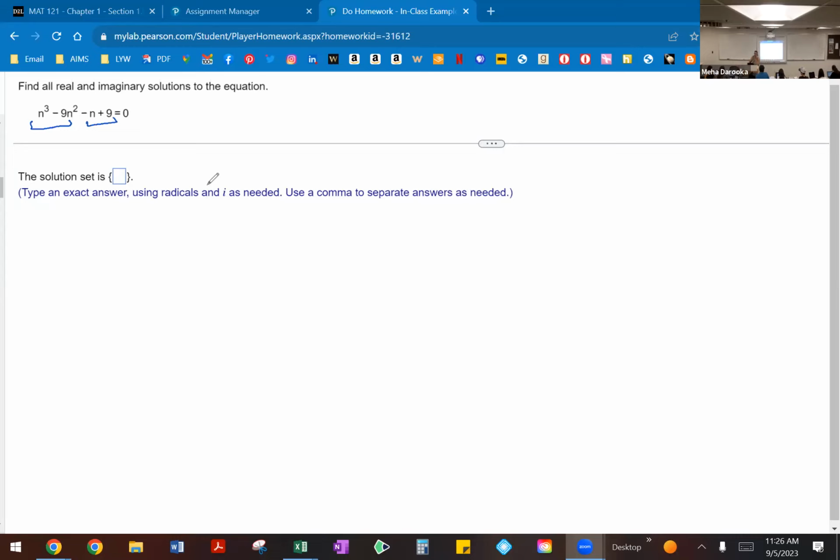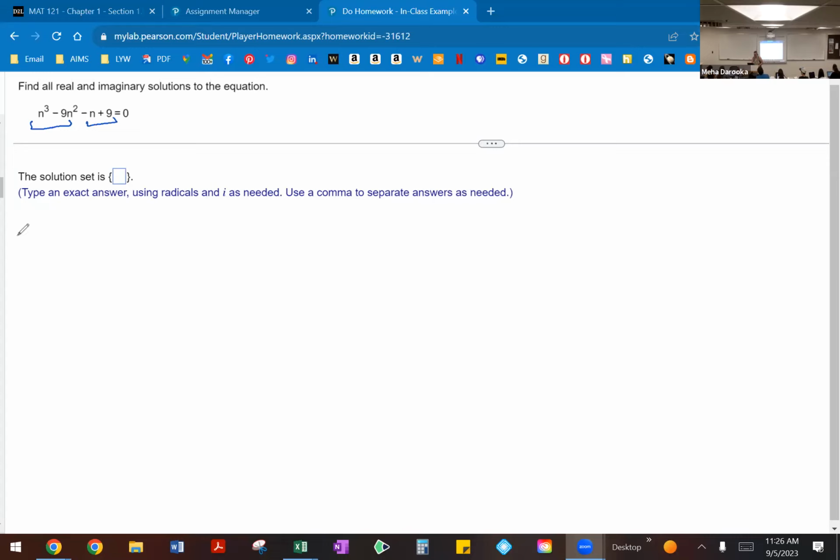N is going to be common. How many of them? N squared, right? So the way you work with degrees or exponents is whichever is the smallest number, that's going to be what's common, right? Because we've got 3 n's and we've got 2 n's. So of course, we can pull 2 of them out of those 3.